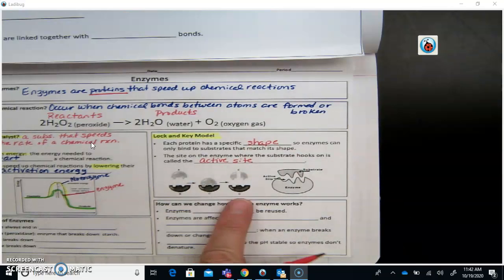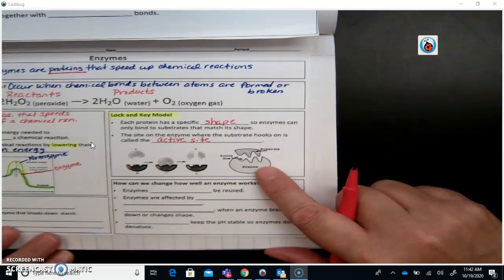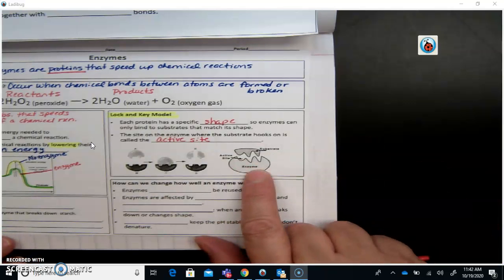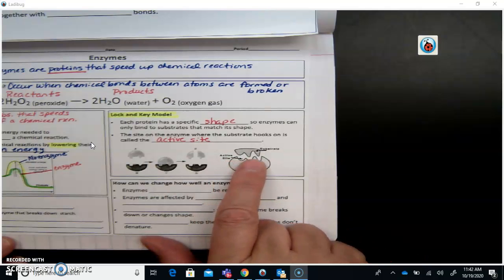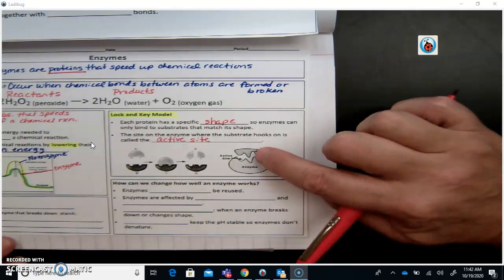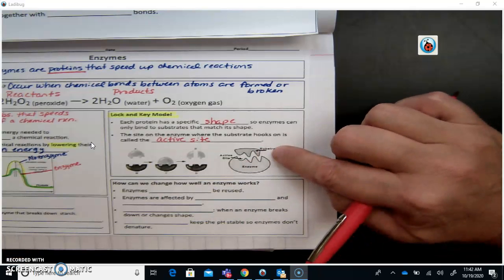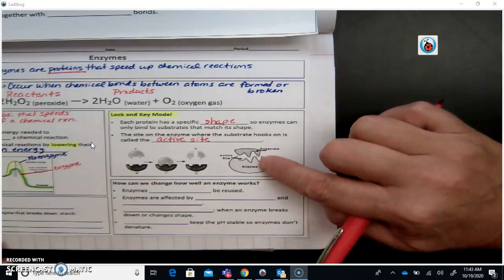So we've got some pictures here. Let's look at this one first. Here is the enzyme, and you can see it has a very specific shape. These indentations are the active sites, because that's the area that the substrate, this compound, this reactant, is going to bond to.